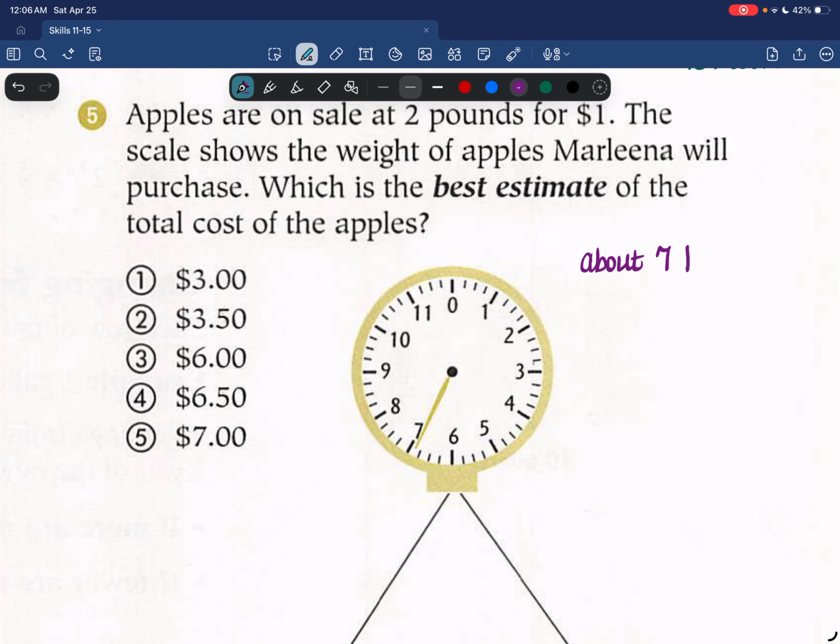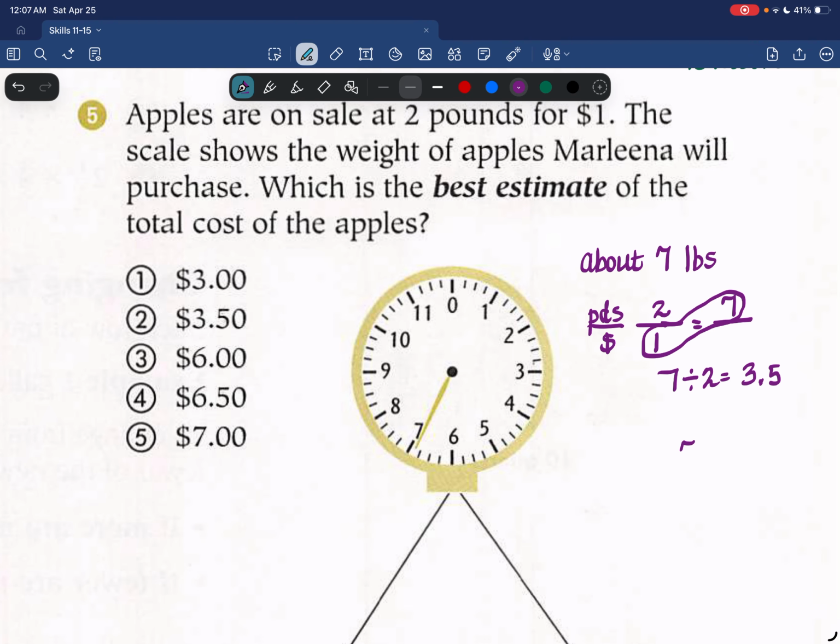That looks like a clock. Okay, about 7 pounds, and we get 2 pounds for $1. So I'm going to use a proportion. Pounds for money. You get 2 pounds for $1, and she has about 7 pounds. So 7 times 1 is 7, divided by 2 is 3.5.